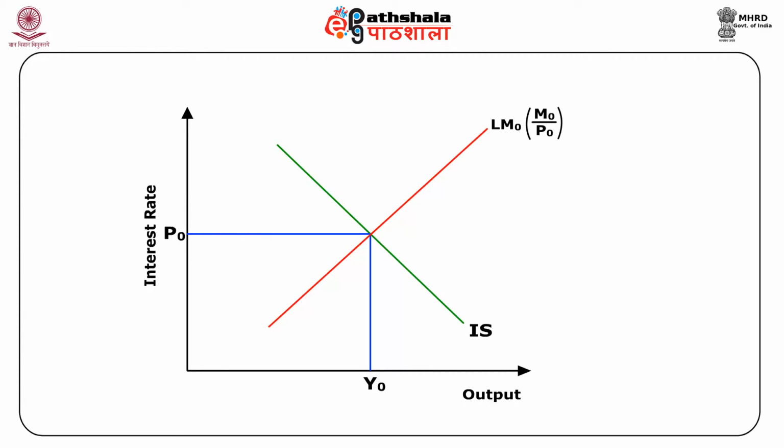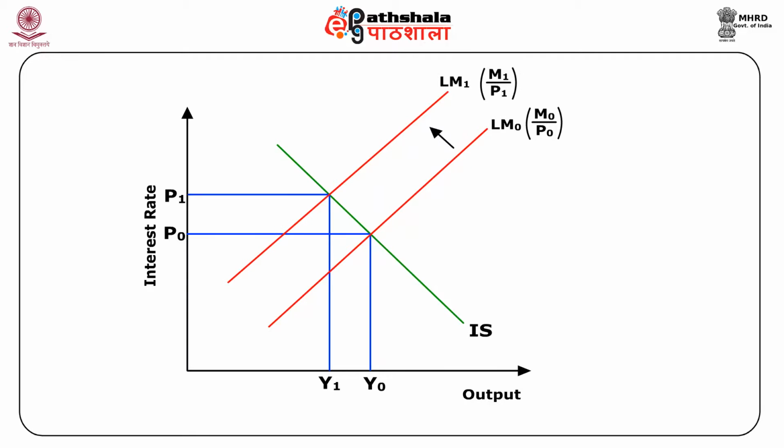As price increased to P1, ceteris paribus, the LM curve shifted from LM0 to LM1 and equilibrium in the goods and money market was achieved at a lower level of output Y1.